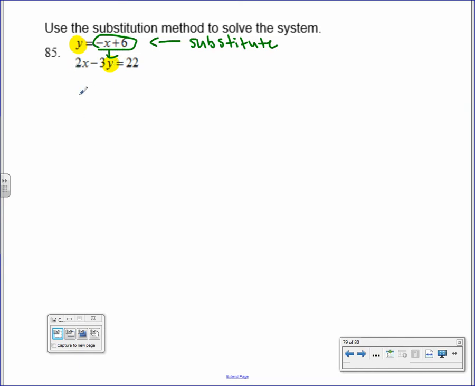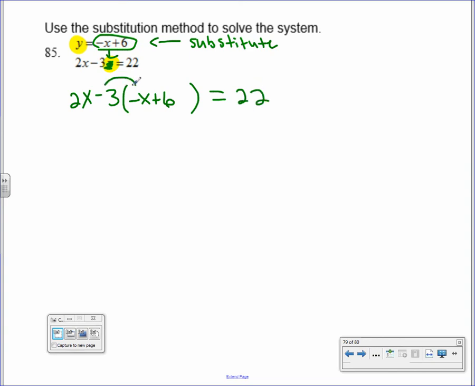So 2x, bring down your 2x, bring down your minus, bring down your 3. Now when we plug in, we put it in parentheses. And if I have a substitute, say in the classroom, I'm not in the classroom with the substitute. So the y is going to come out completely, and the substitute is going to come in its place. Bring down your equals, bring down your 22.